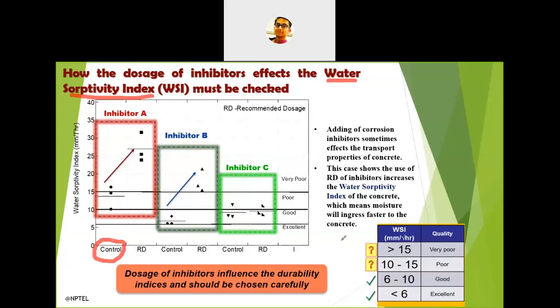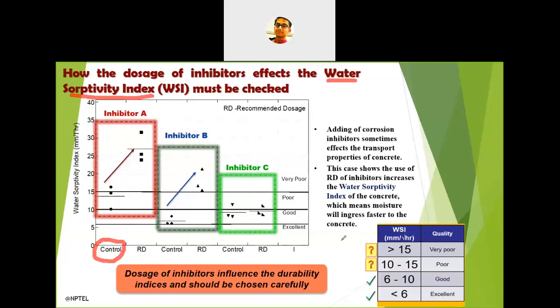So by using the recommended dose itself, you can see the water sorptivity index has been increased. In the case of inhibitor B, here also, without using any inhibitors, the water sorptivity index was approximately about 6. But after using the recommended dose, it has increased to 15. In the case of inhibitor C, you can see that after using the recommended dose and before using the recommended dose, the water sorptivity index is quite similar.